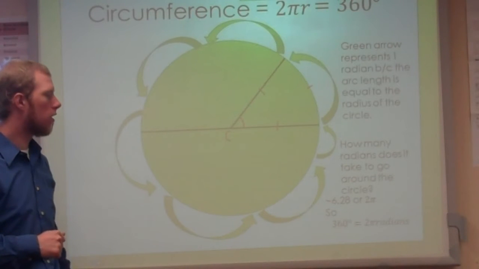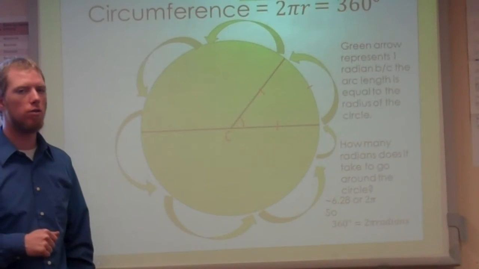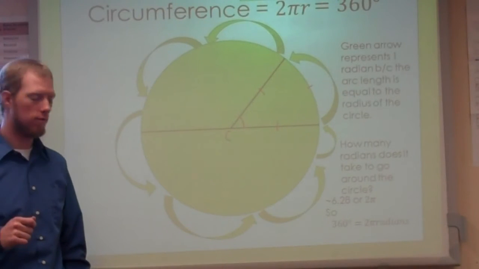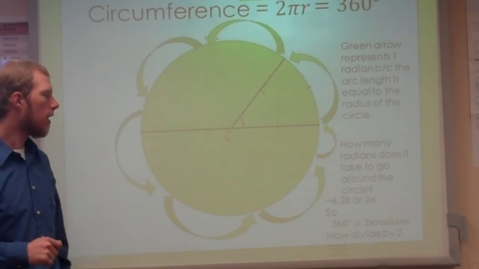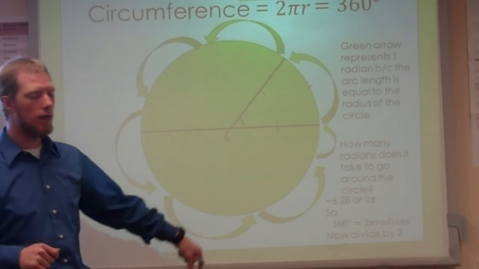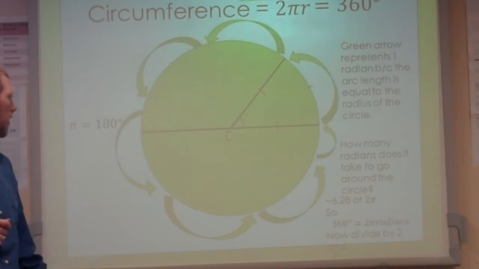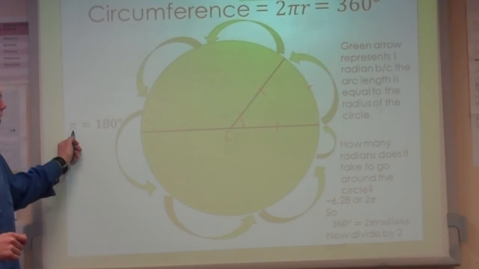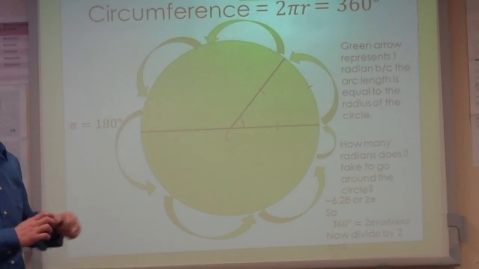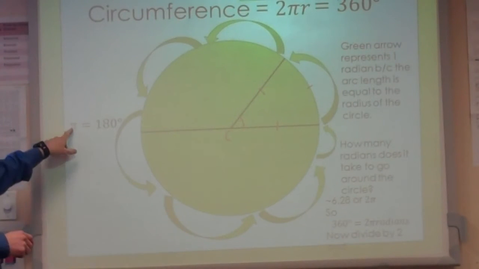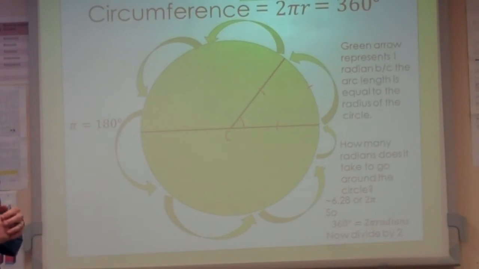So what we can conclude is that 360 degrees does indeed equal 2 pi radians. Now, if you take both sides of this equation and divide by 2, we get that pi radians must equal 180 degrees.